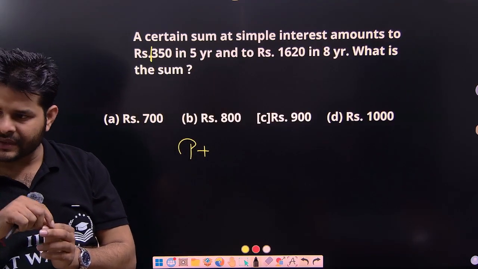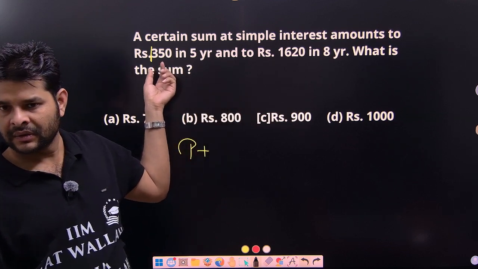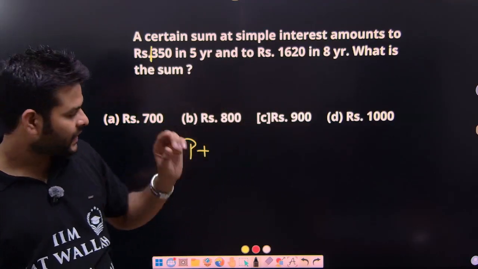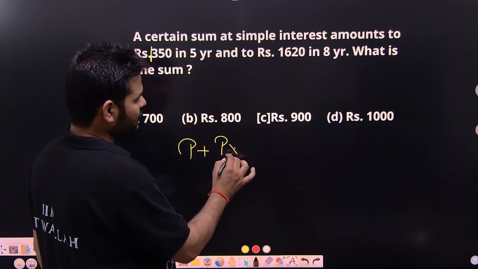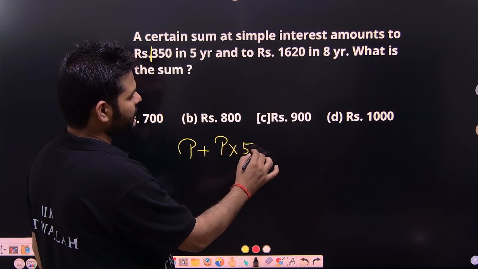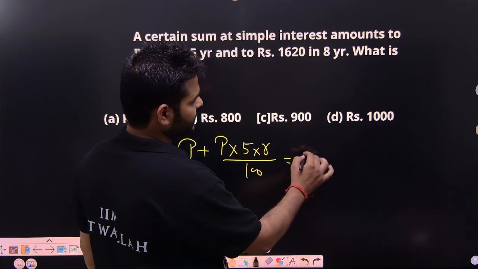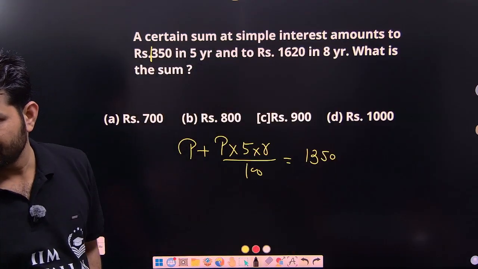So in first 5 years amount becomes, and in 8 years it becomes. So that means principal plus interest on that principal for 5 years at R% rate, that addition is 1350. First step.